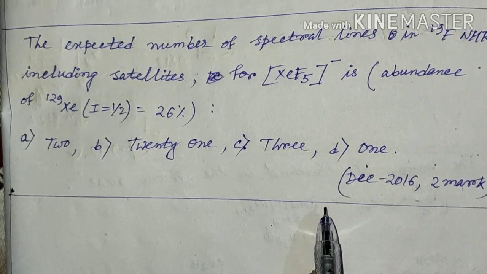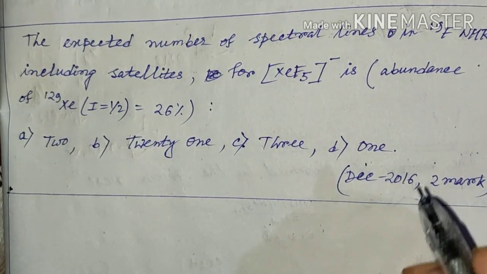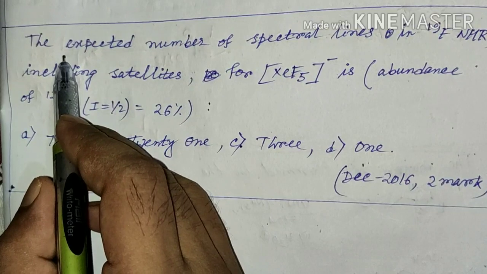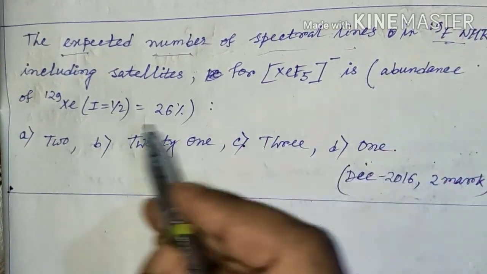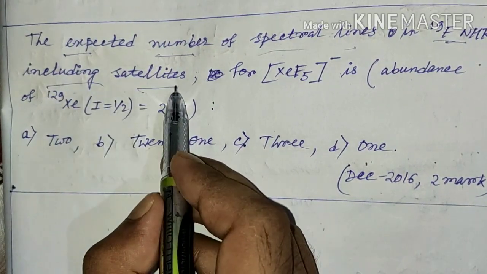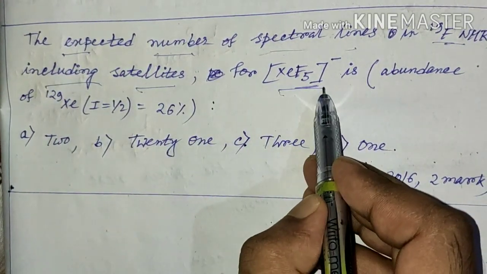There is a similar type of question to the one just solved. It is asked: the expected number of spectral lines in 19F NMR, including satellite peaks, for this complex.